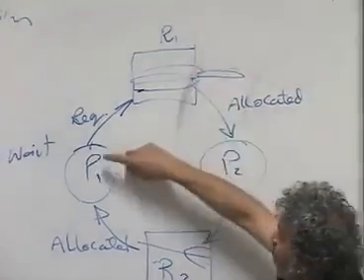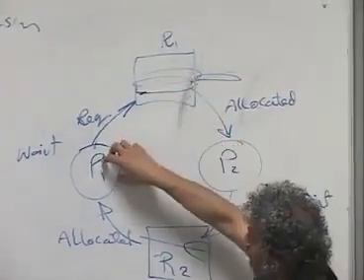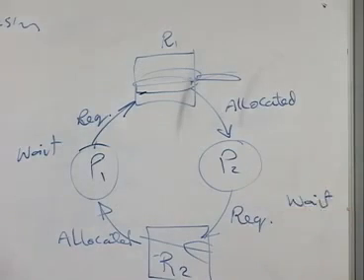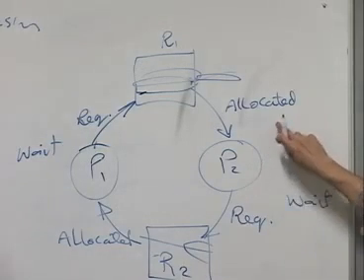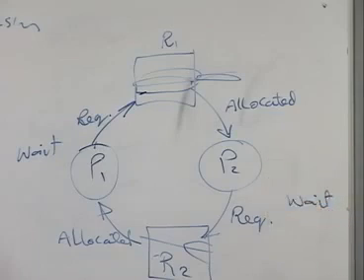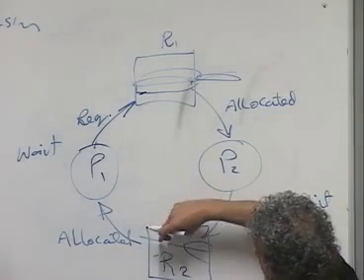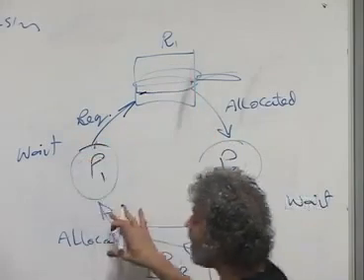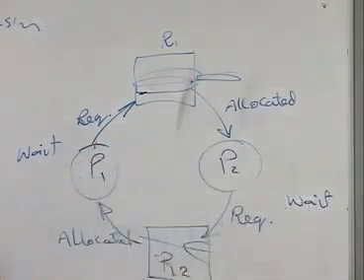Because this guy would have then found that it's available and used it, finished and released both resources that can be used by this one. But in fact, this guy held on to this resource and went into a waiting state. Similarly, this guy that has this resource, when it couldn't find this resource, went into a waiting state, holding this resource. So that's another little issue. Hold and wait, some textbooks call it.